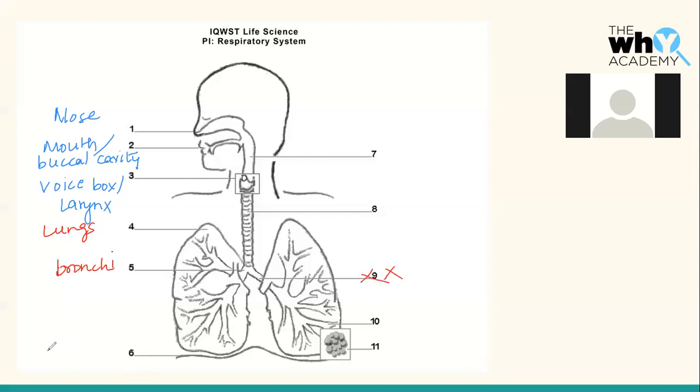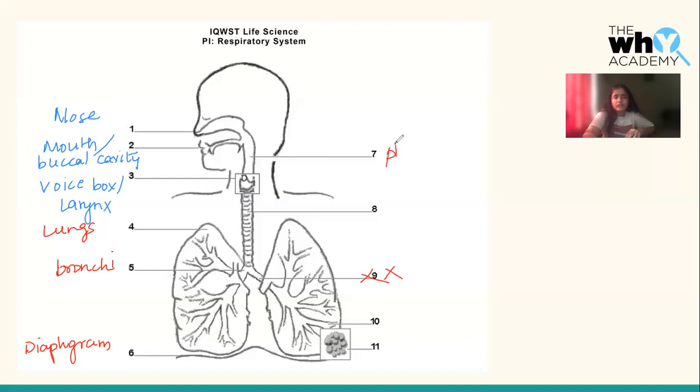Okay. 6. Diaphragm. Diaphragm. 7. I think I made a mistake in the spelling. Okay. Correct. 7 would be pharynx. Correct.